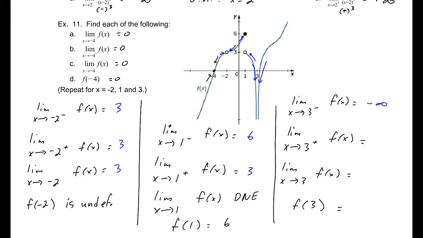From the right is also negative infinity, so therefore our limit overall is negative infinity. The limit does exist because they agree. Now f of 3 is undefined, because there's not actually a function value at that point.